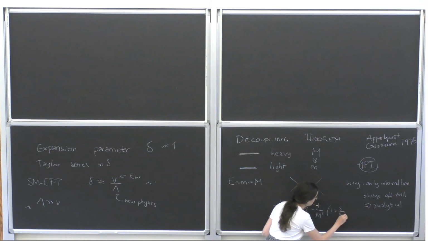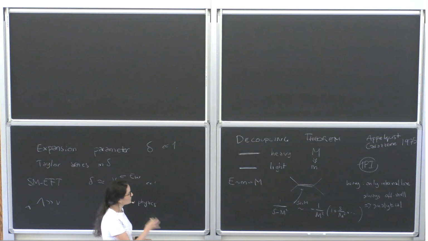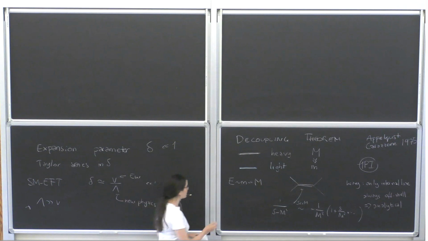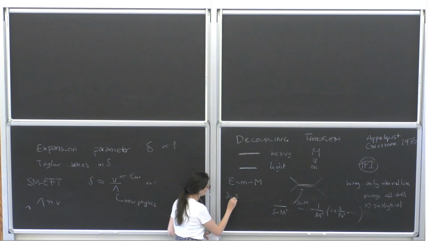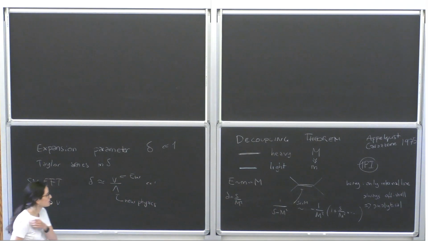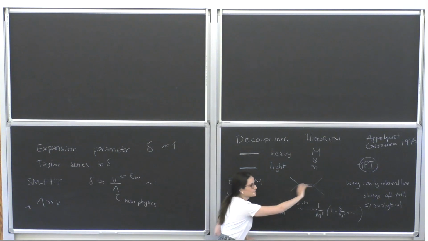So you have these plus higher powers of S over m squared. So what you're seeing here is that you are essentially going into a kinematic limit where your delta is your S over m squared. So it's the energy at which you are working suppressed by the mass of the particle that exists but you're not producing.